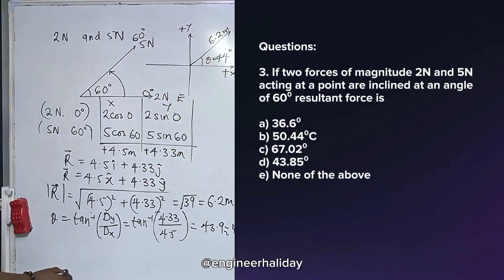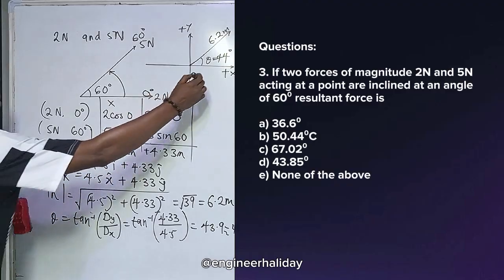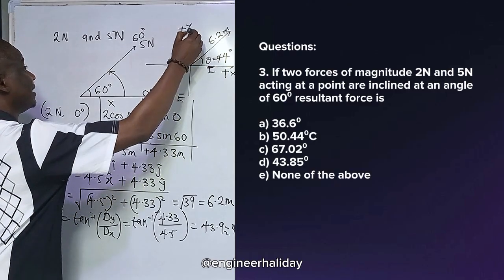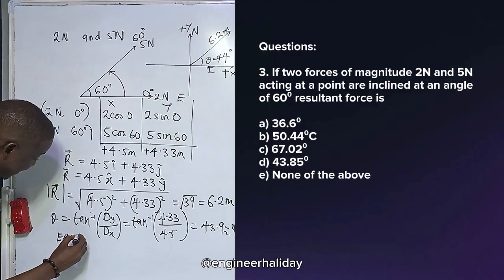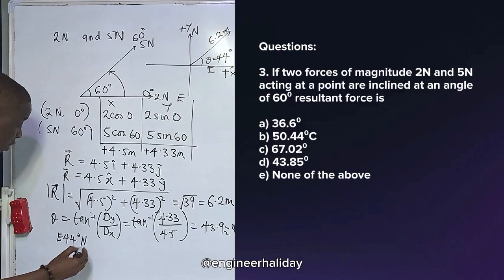If I want to interpret this, this is east and this is north, so I can write it as east 44 degrees north.